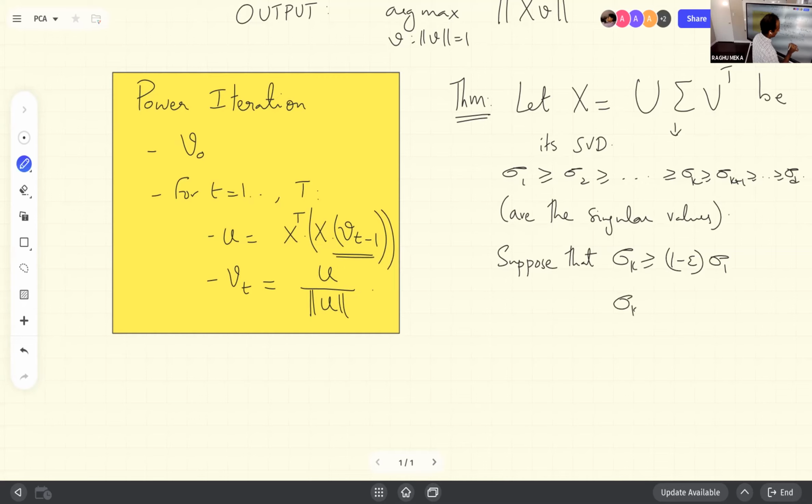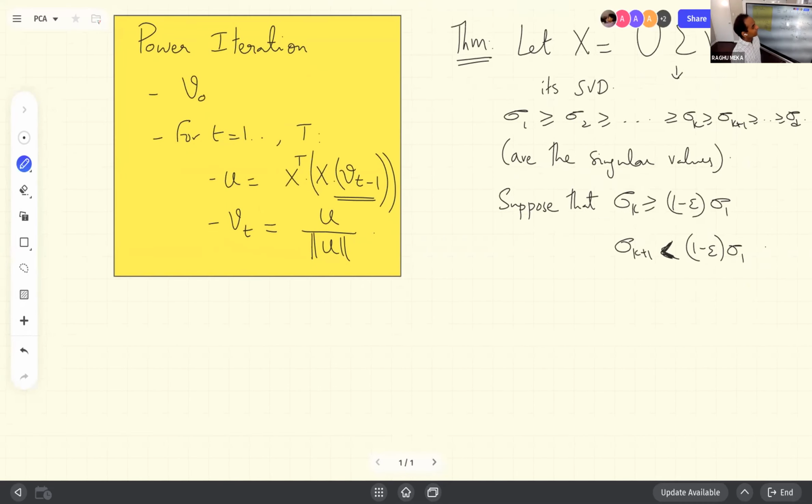So keep going along the singular values until you see a 0.1%, an epsilon percent drop from the largest one, right? So in some sense, the first k, whichever these k are, when they're all close to each other, it's going to be difficult to identify the first one among these k. Okay.